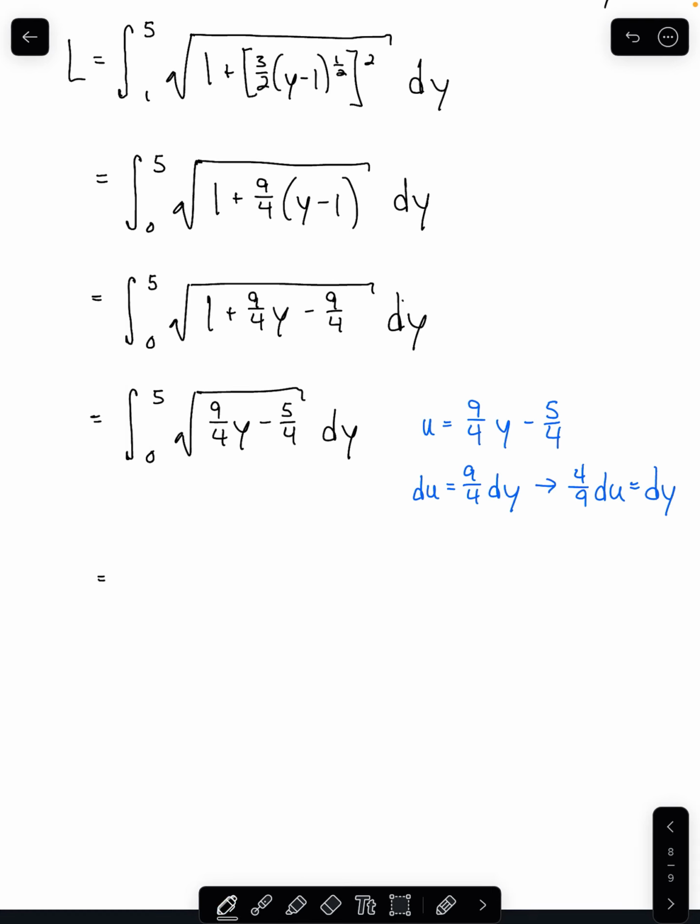Thus, our integral can be rewritten as, keeping in mind that these limits of integration are still y values, the square root of u times 4/9 dy. Excuse me, 4/9 du.